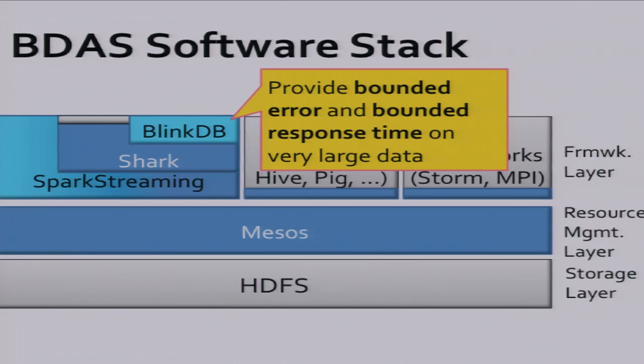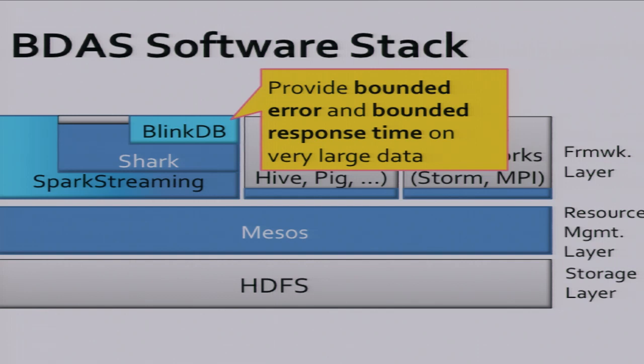Last year, we also started to build a new framework called BlinkDB. We are not going to talk about it during this AMPCamp. It's still in development, but just to give you an idea, BlinkDB provides bounded errors and bounded response times on very large data.